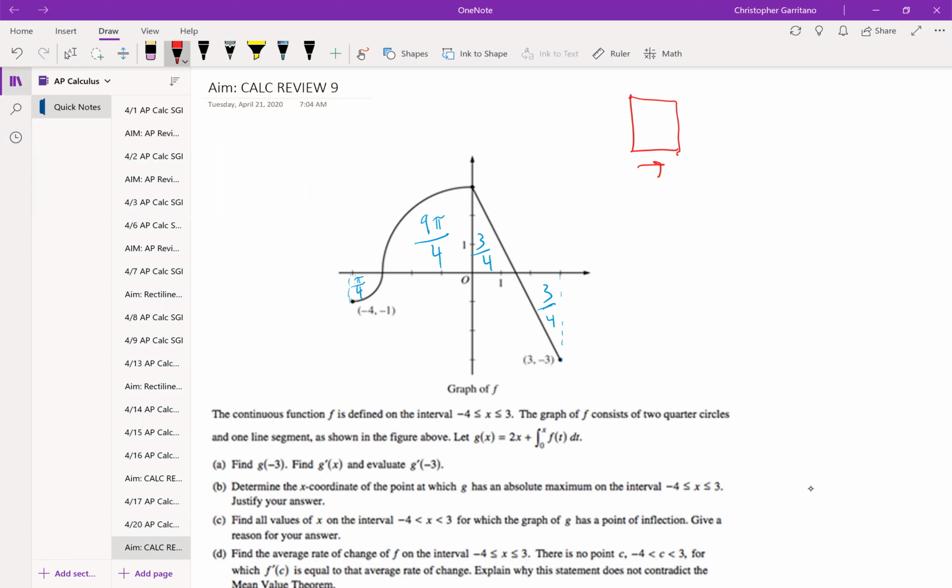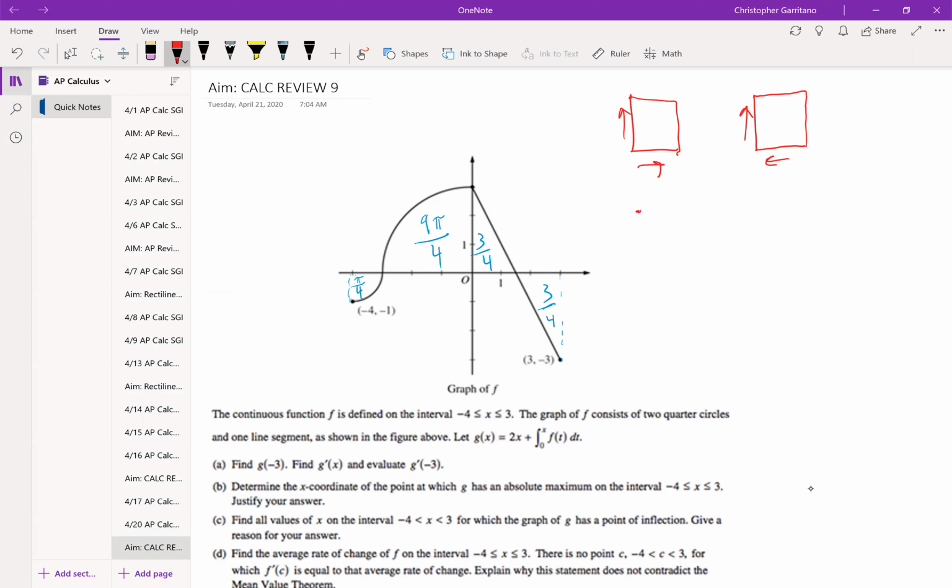A rectangle will have a negative area if the height is positive but the width is negative. And so I'm drawing these arrows in the direction of the delta x. All right. And I'll draw these arrows in the direction of the heights.